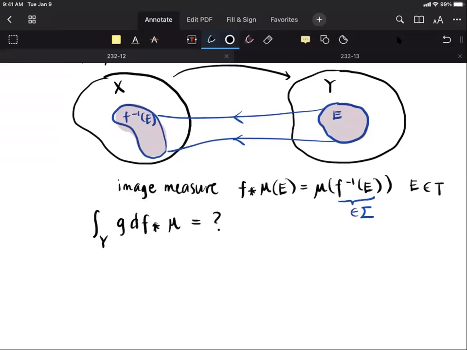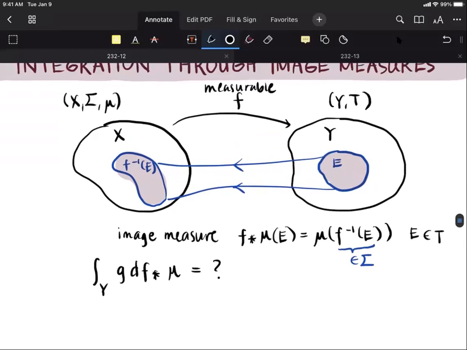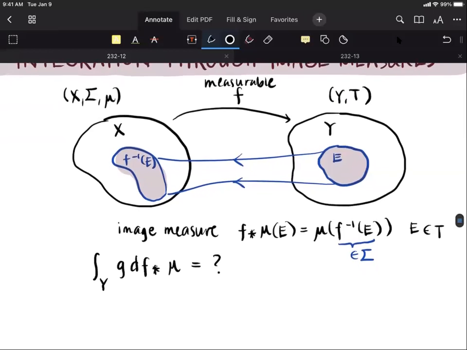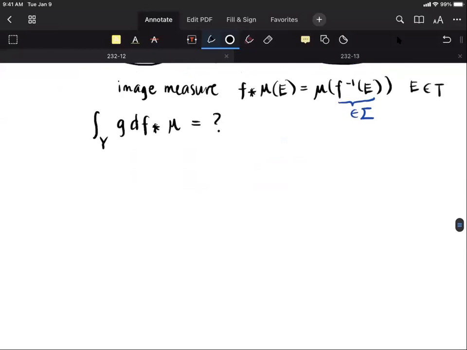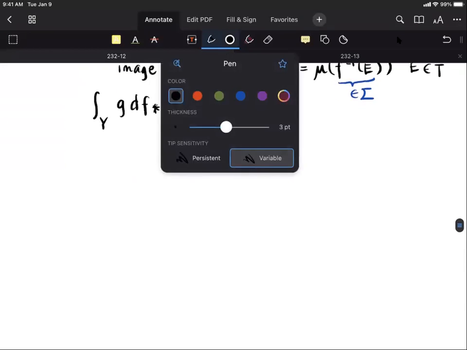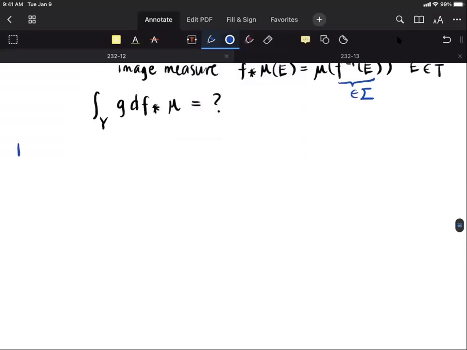How can we calculate the integral of some function g, some non-negative function or an integrable function, with respect to the image measure f star mu? This integral can be computed as follows.